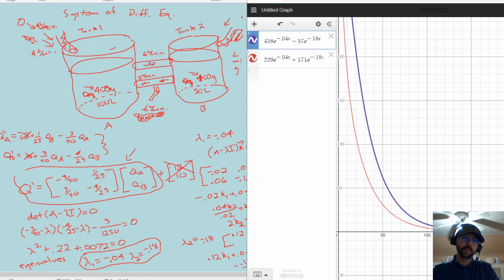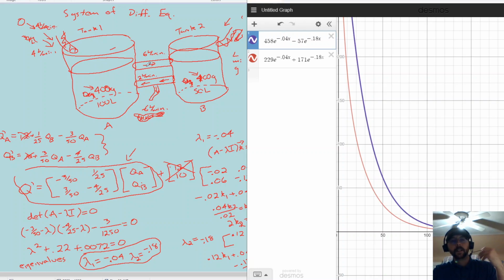So it's assumed that the very moment that any gram of salt enters, it immediately, instantaneously disperses equally throughout the solution. That's required. So as soon as any salt enters tank A, it immediately disperses evenly throughout all of tank A. And then the same for B. When something enters B, it immediately spreads evenly the concentration of salt throughout the entire tank.